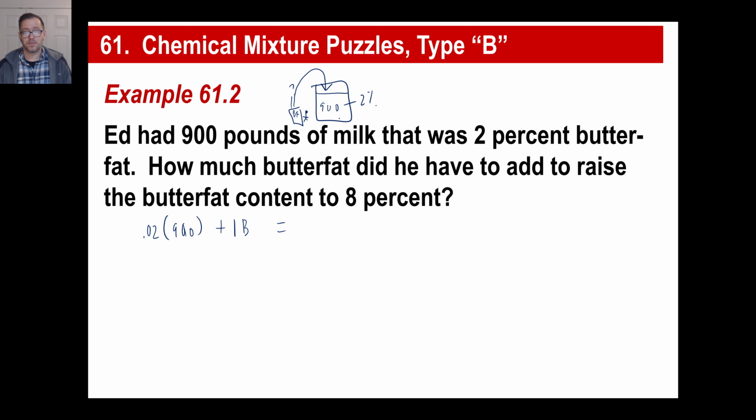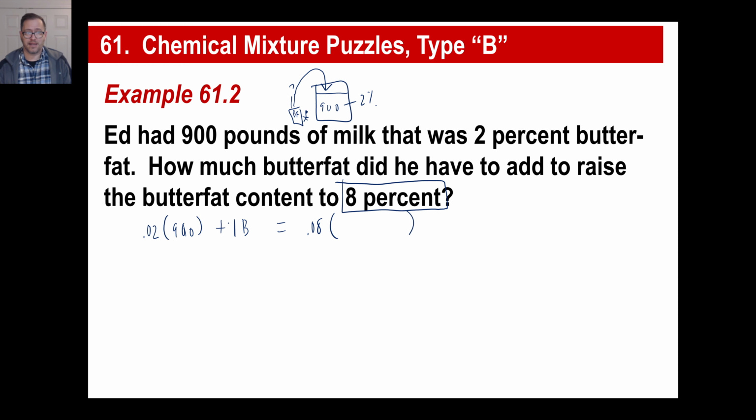But let's say this: if the guy starts with 900 pounds, and then he pours in something else, we're going to call that B. They want it 8%, so the final number we're going to write in front of our hunk, which we don't know yet, is going to be 0.08.